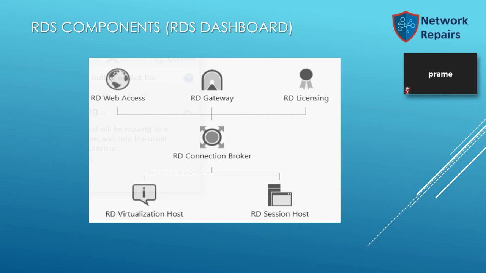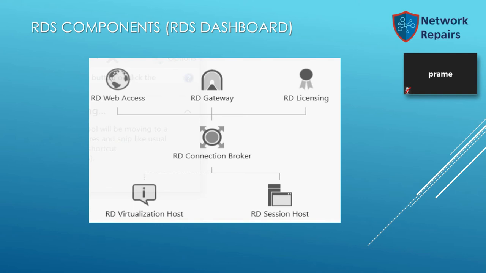First is RD Web Access. As we know, if we use the terminal server in a web browser, then we use RD Web, and it needs RD Gateway to communicate between the session host and the users. And RD Licensing: to configure and activate the licensing, we need that component.